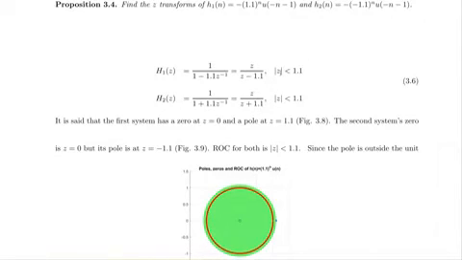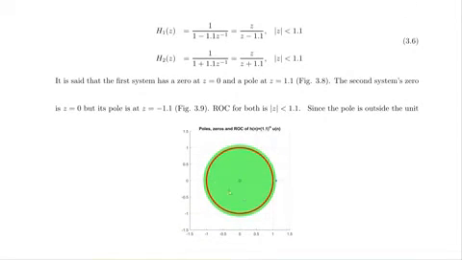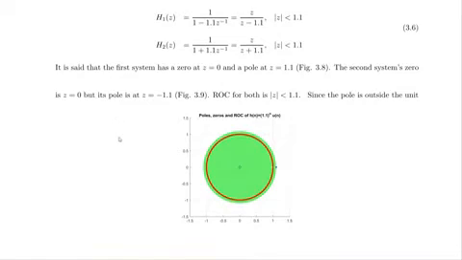For both, the ROC will be abs of z less than 1.1. So you see, the ROC contains the unit circle. This time we will have a frequency response and it will be stable, but the system is non-causal. Okay?